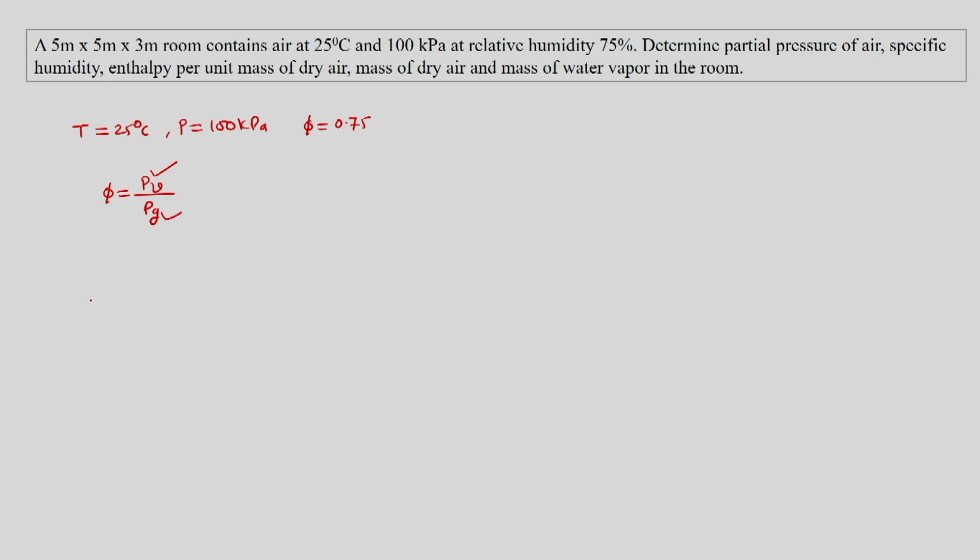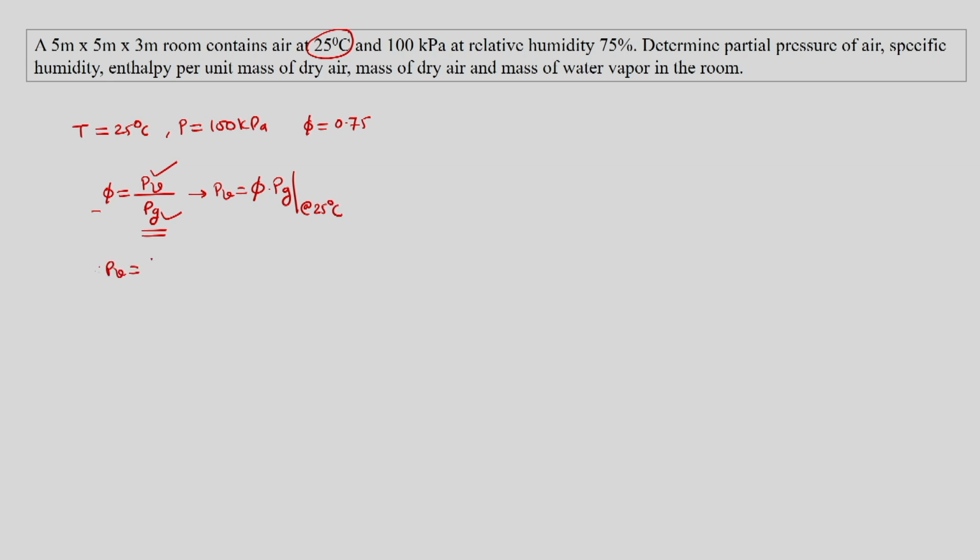So, we can go and see at 25 degrees Celsius what is the saturation pressure of vapor when we are having 25 degrees Celsius as the saturation temperature. So, for that we can find out Pg, phi is known. So, PV is equal to phi into Pg, and this is at 25 degrees Celsius.